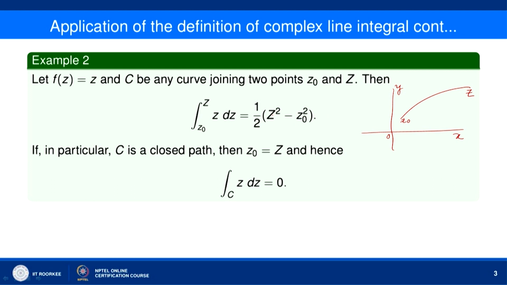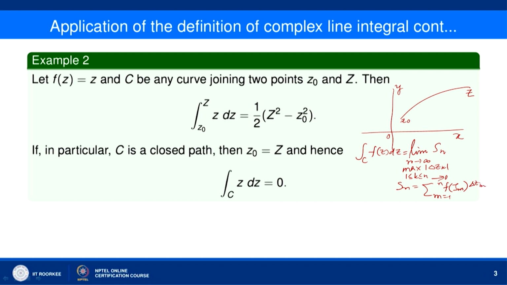So, what we do here, let us again recall the definition of the integral of f(z). The integral over C of f(z) dz is equal to the limit as n tends to infinity of S n, where the maximum of mod of delta Z k, for 1 less than or equal to k less than or equal to n, goes to 0, and S n is the sum over m equal to 1 to n of f(zeta m) delta Z m.